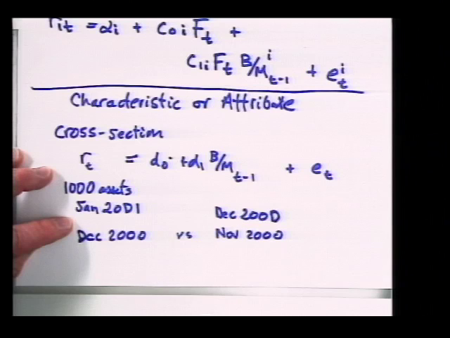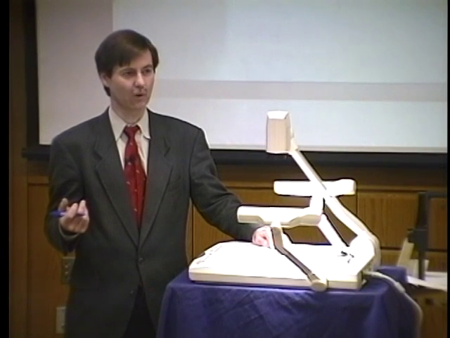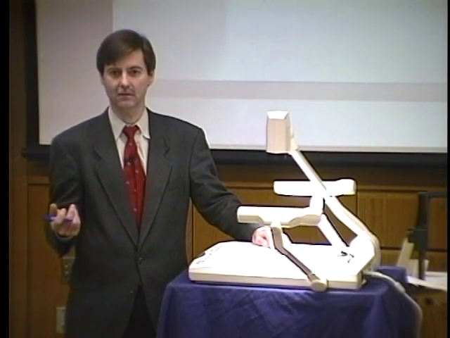Okay, we multiply those by D1, add D0, and we get expected returns for February. Okay, which basically means we're going to be buying the ones with the highest book to market and selling the ones with the lowest book to market. Right? Suppose we experience a sign flip. What happened to our strategy? We did the wrong thing. We bought what we should have sold and sold what we should have bought. It's a disaster.